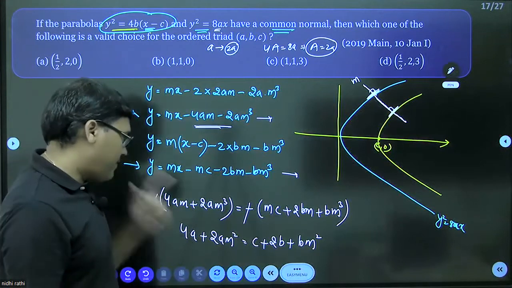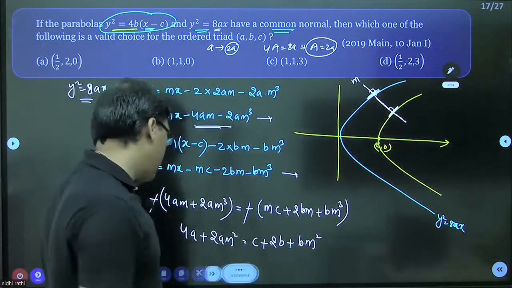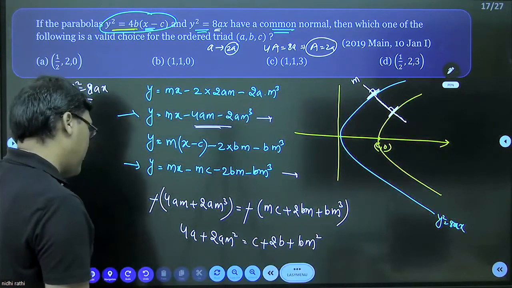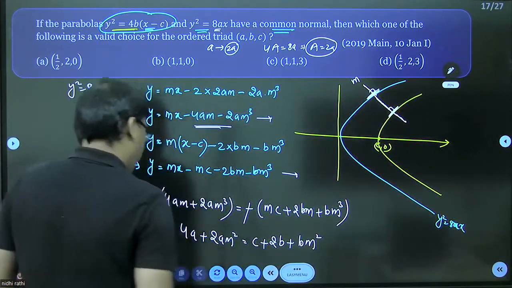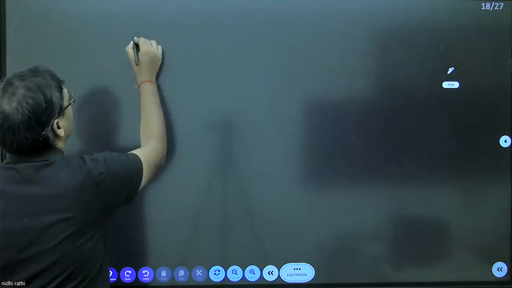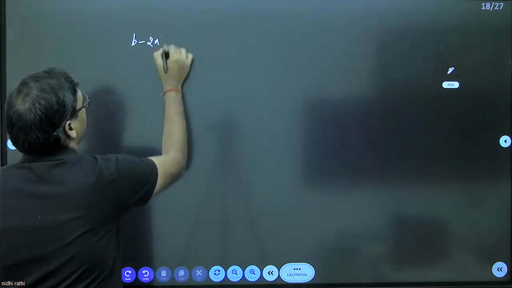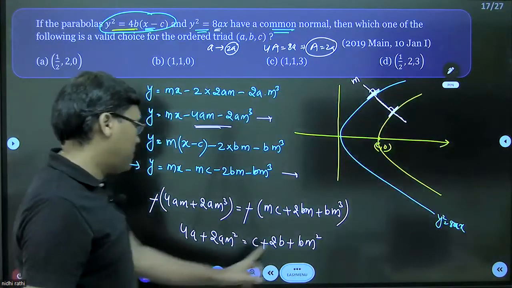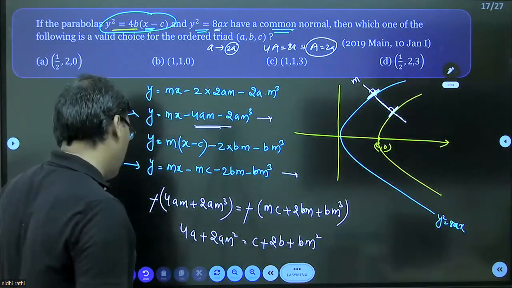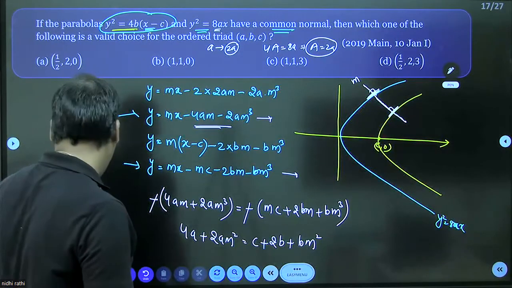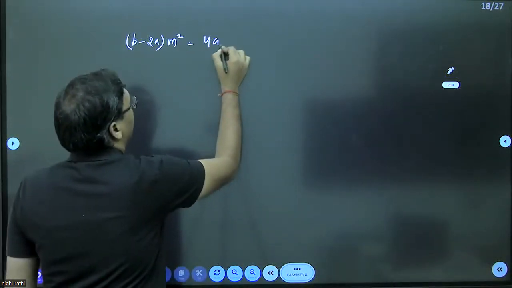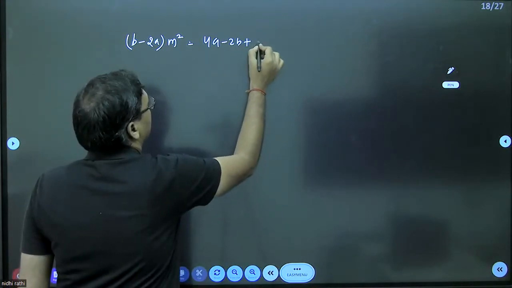Now see, if I just arrange this also, you can see here, I have b minus 2a m square. This is 4a minus 2b plus c. So this is equal to 4a minus 2b plus c.